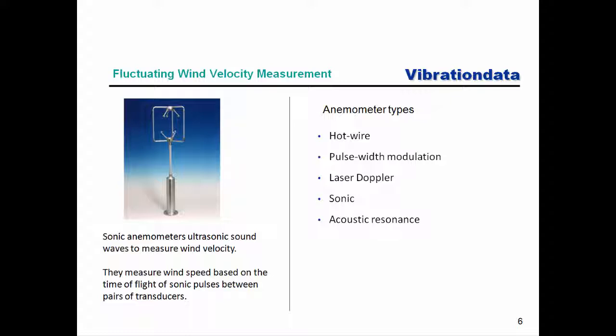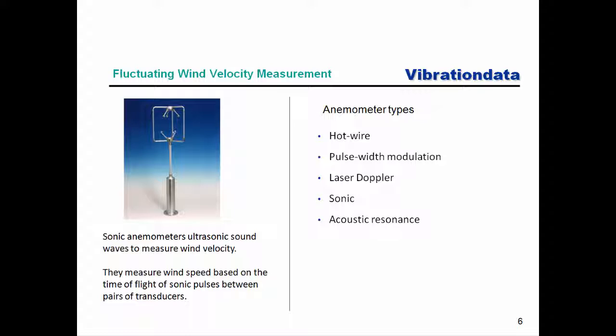And it turns out in order to measure wind velocity, we need some sort of an anemometer. Now the ones you've commonly seen are the ones that have the arms with the cups that spin about in response to the wind. Those types of anemometers are really best suited for measuring steady wind velocities. But if we're interested in the gustiness and the turbulence, then we need another type of sensor.